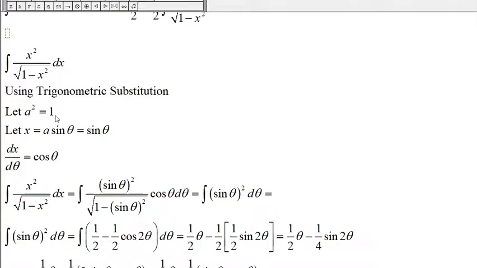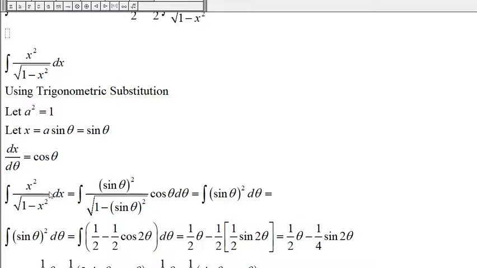So here we let a squared be 1, and then let x be a sine of theta. And so a is 1, so we get 1 times sine of theta, which is sine of theta. dx over d theta is cosine of theta, the derivative of sine of theta.